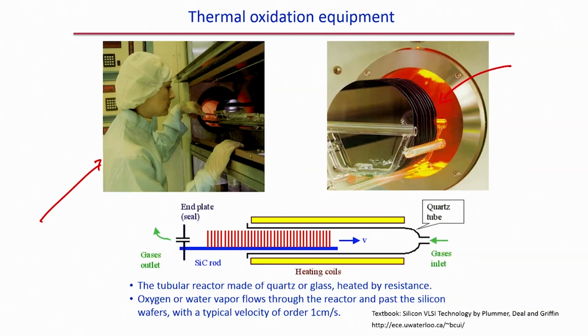The tube is generally made of quartz, the gases are inlet from one side, the outlet is on another side, and the silicon rod is used to push the wafers inside the horizontal tube furnace.